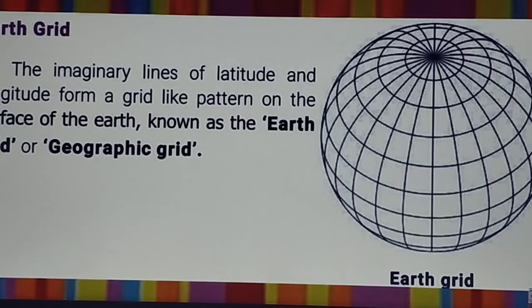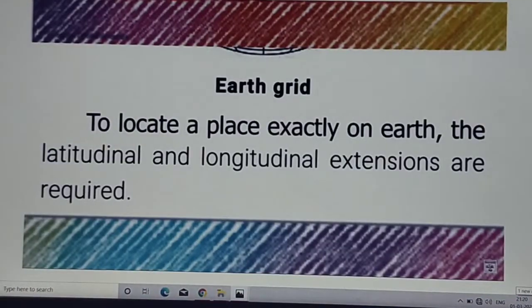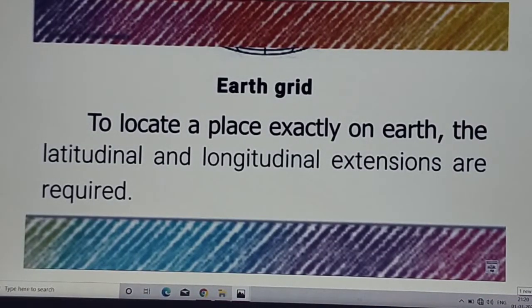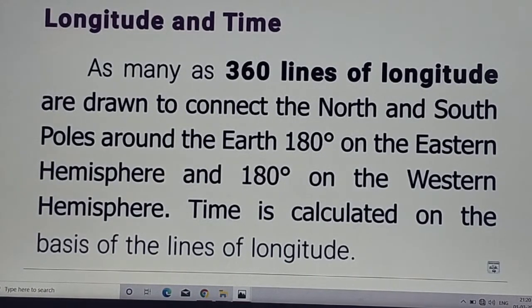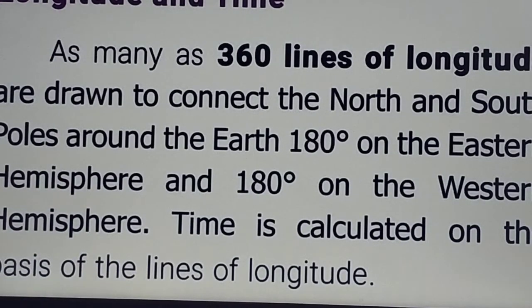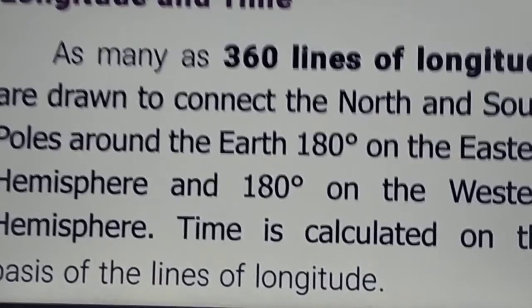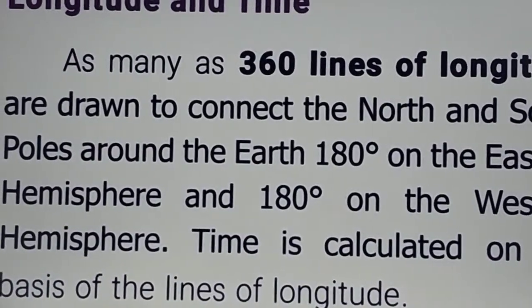Now let us see longitude and time. As many as 360 lines of longitude are drawn to connect the north and south poles around the earth, 180 degrees on the eastern hemisphere and 180 degrees on the western hemisphere.